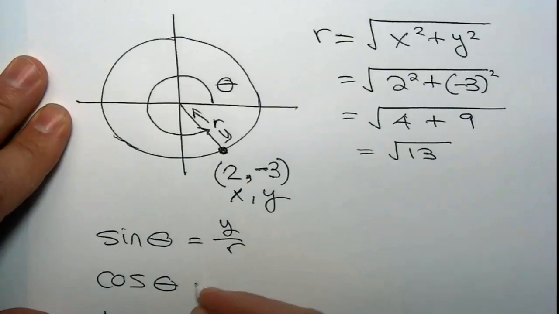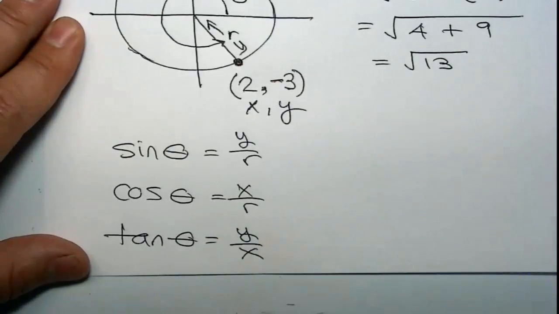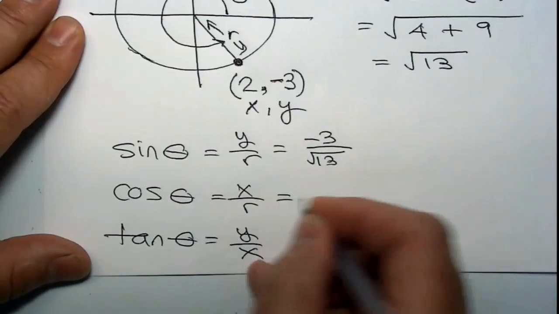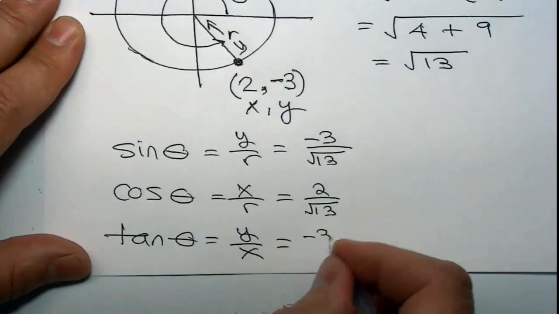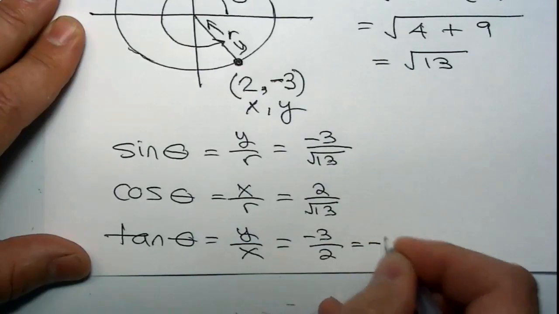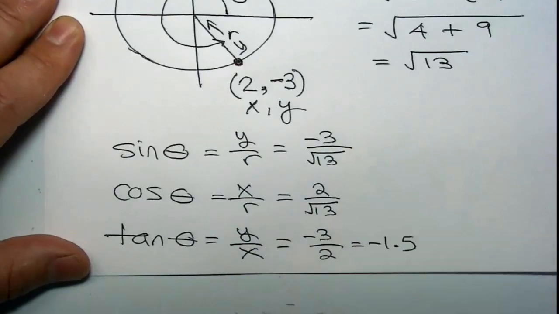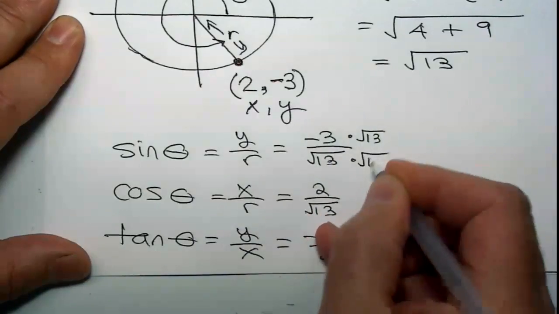Y over r, x over r, y over x. So we've got our tangent, minus 1.5, but these, yeah, we shouldn't leave those radicals down below, so let's do some cleanup on that.